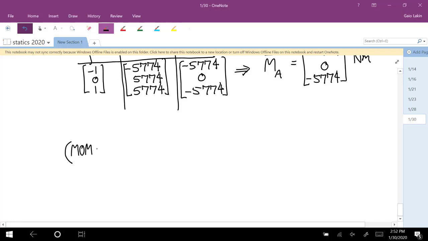Moment of a couple. People normally just call it a couple. But really what we're calculating is the moment produced by a couple.